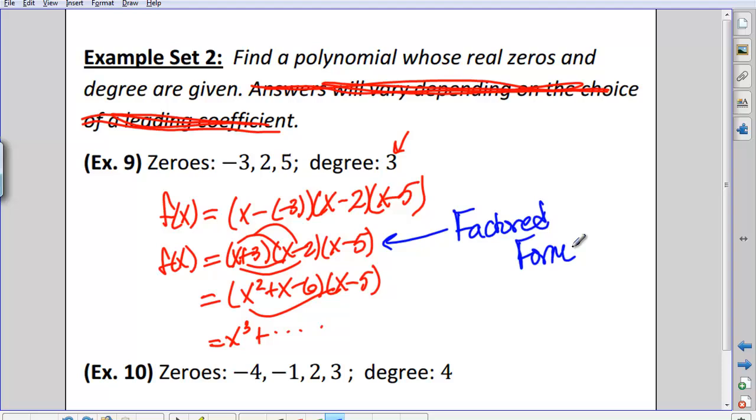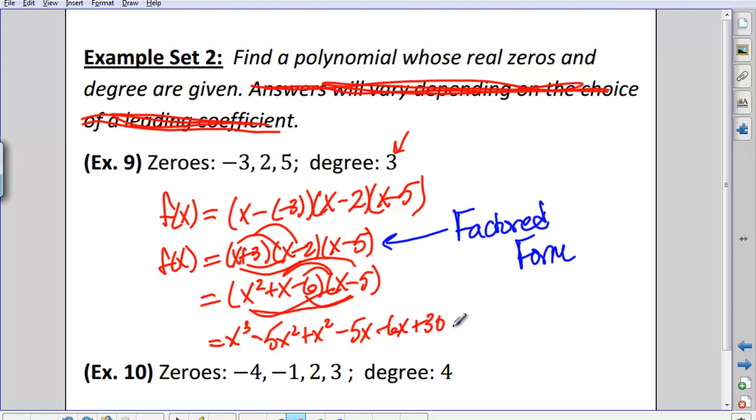Now, if it doesn't say to write it in factored form, then you're left having to multiply this out, which is what I started to do here and didn't finish. So let me go ahead and finish that for you. So you'd have an x cubed minus, okay, if we continue distributing here, minus 5x squared plus an x squared minus 5x minus 6x plus 30.